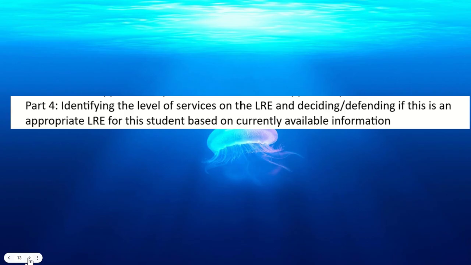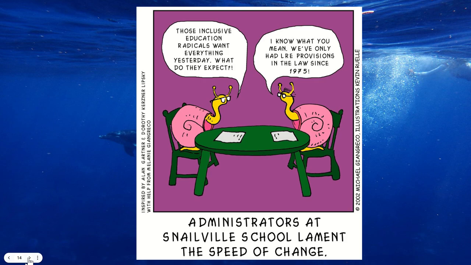You need to bring in the content of the box where you state if and how much a student will be pulled from general education and why, but you also need to place where that student is on the LRE continuum, which is on page 169 in your textbook, and defend the placement by answering the self-check questions that are on pages 167 and 168. So you do need to turn in a draft of more than just what you put in that box on the IEP. And here's why.